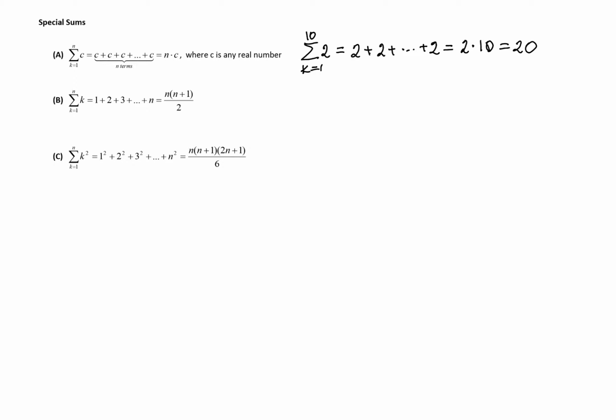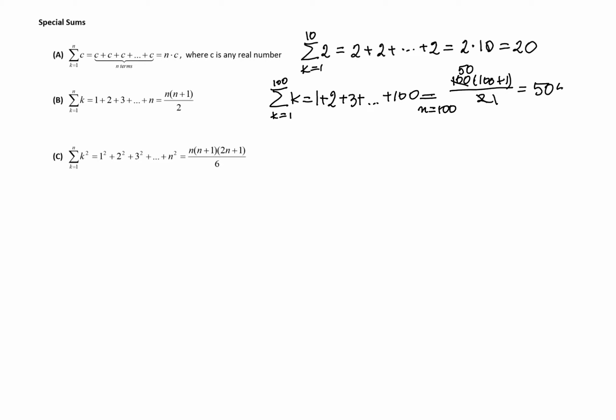So for example, if I want to compute the sum from k equal 1 to 100 of k, which is simply the sum of the first 100 positive integers, I can use this formula with n equal 100 and say that the value of that sum is 100 times 100 plus 1 over 2. The 2 and 100 can simplify to give me 50 times 101, which is 5050.